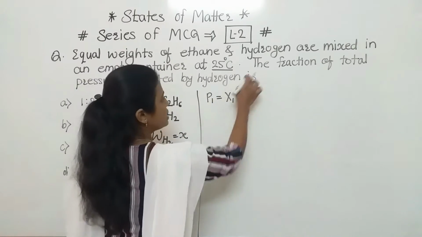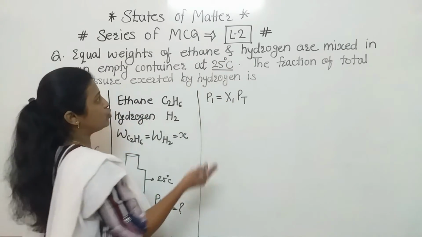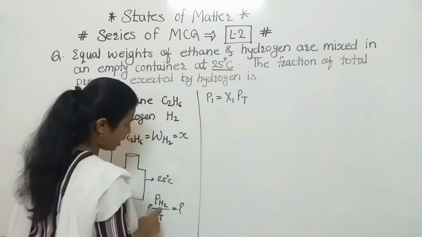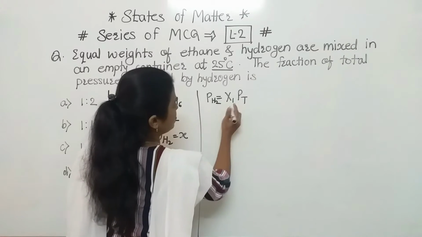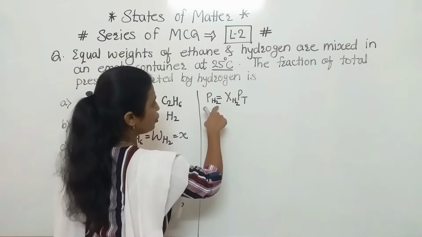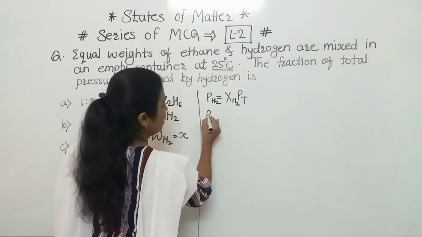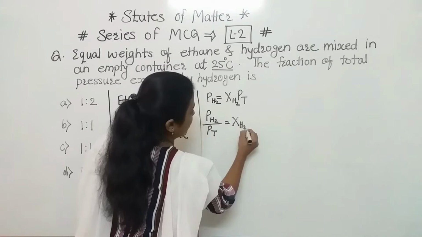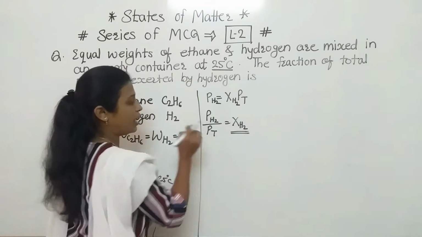Here P1 could be either ethane or hydrogen; they asked about hydrogen, so we write PH2 is equal to XH2 into Pt. What we have to find is PH2 by Pt. Rearranging, PH2 divided by Pt is equal to XH2, which means whatever the mole fraction of H2 is will be our answer.